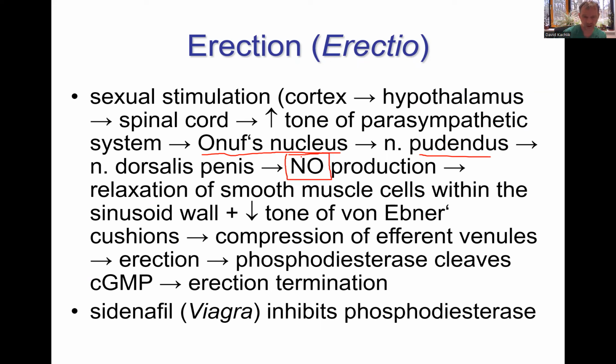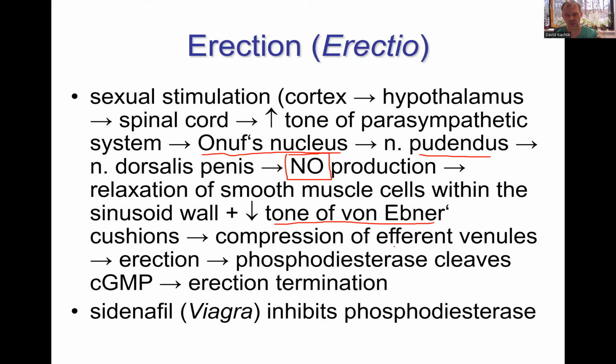nitric oxide starts, and this produces a relaxation of the smooth muscle cells inside the sinusoid walls, and the intimal cushions of von Ebner are relaxed and lowered, so much more blood comes into the caverns.